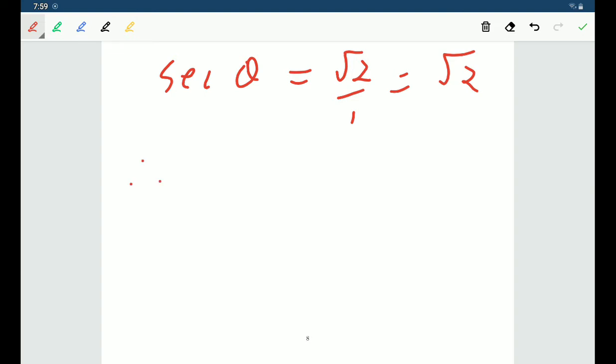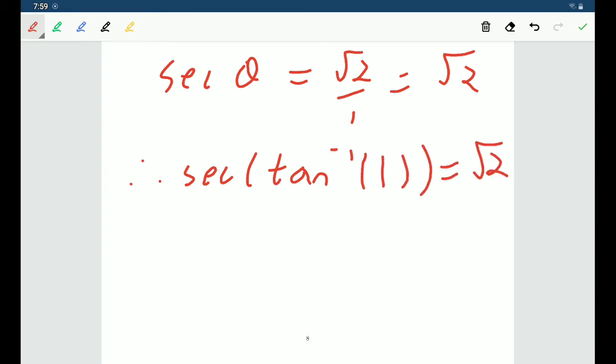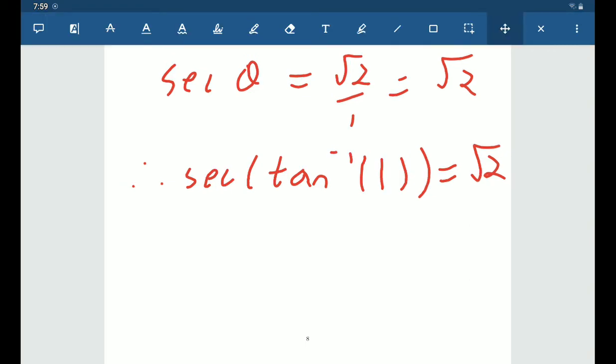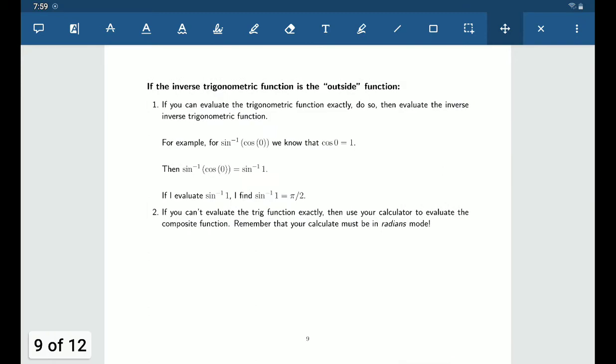So that means that secant of tangent inverse of 1 is root 2. There we go, lovely. Now, let's take a look at a couple of other things.